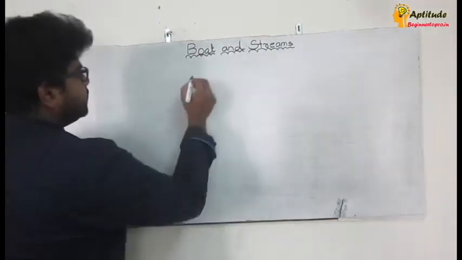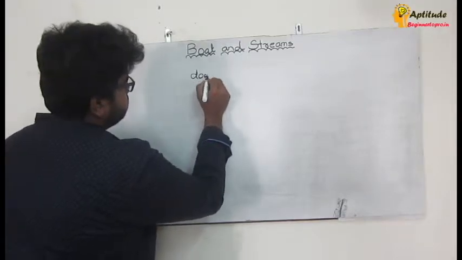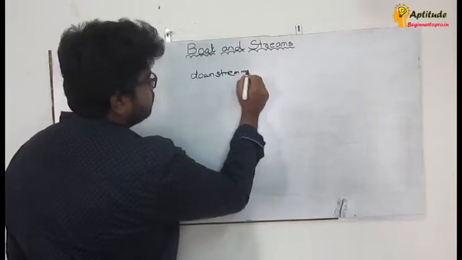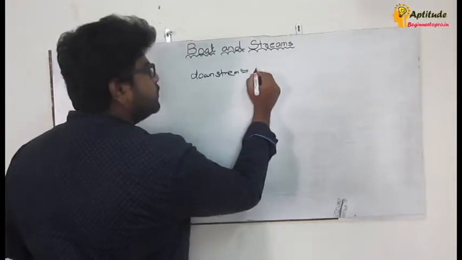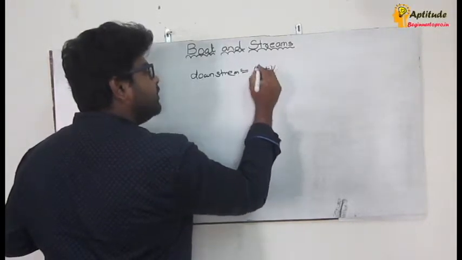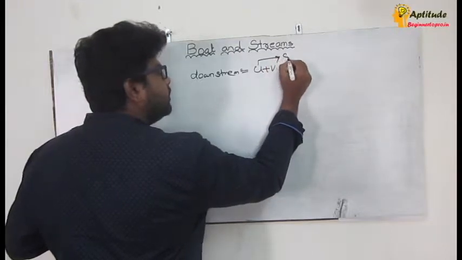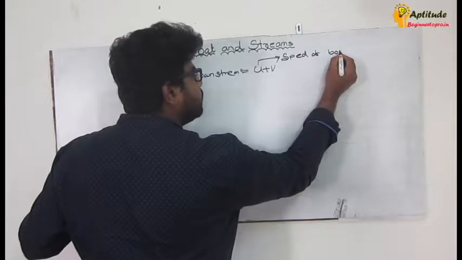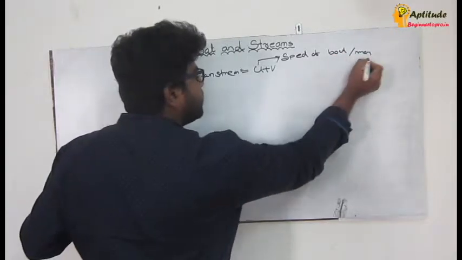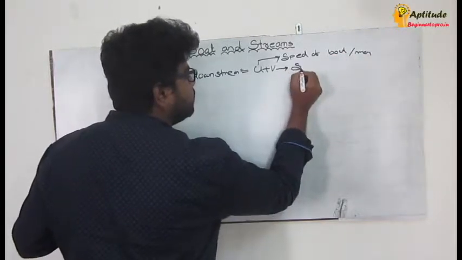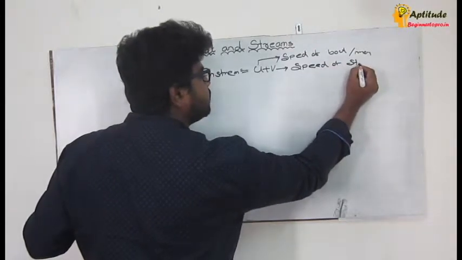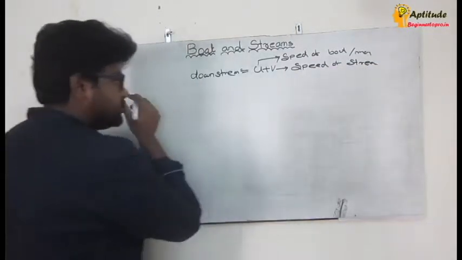So we know that downstream is equal to u plus v, where u is the speed of the boat or man and v is the speed of the stream.